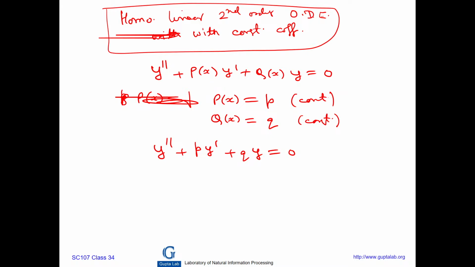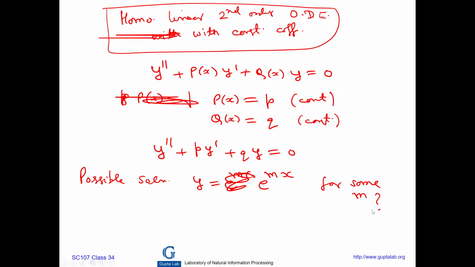So, possible solution, y is equal to e raised to power mx for some m. I don't know what this m is, okay, but it looks like this could be a solution.